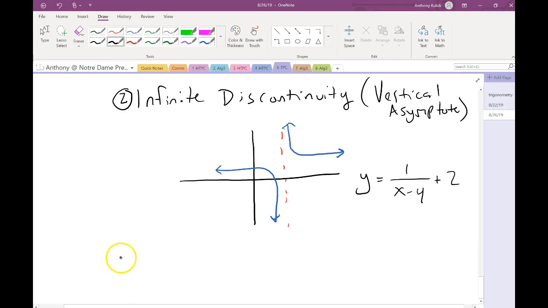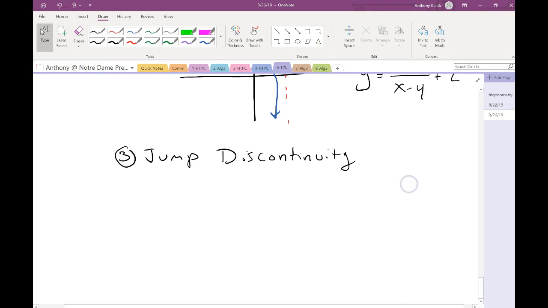And there's one more kind of discontinuity that you've probably not seen so far. It's called a jump discontinuity. What a jump discontinuity looks like is maybe something like this.